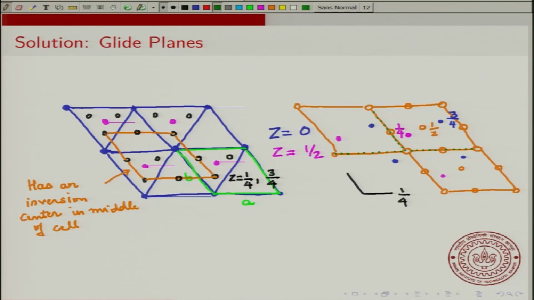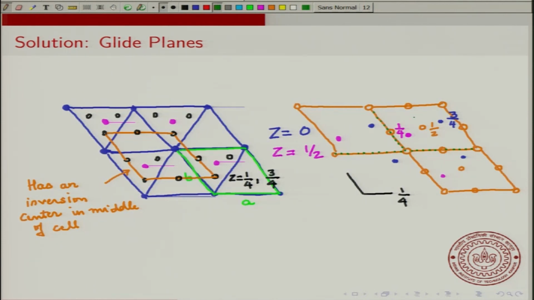And then you can do a translation to get to this point. So if you reflect about this, you will end up here, and then you translate it along this line, you will get to this point.